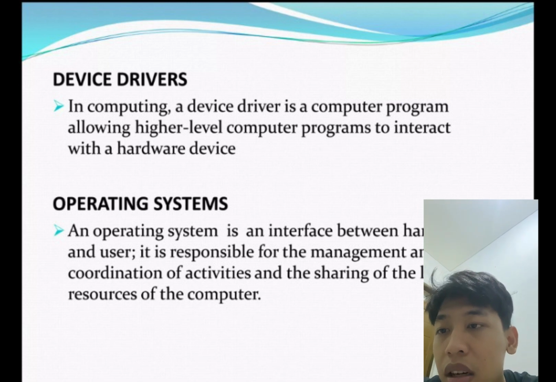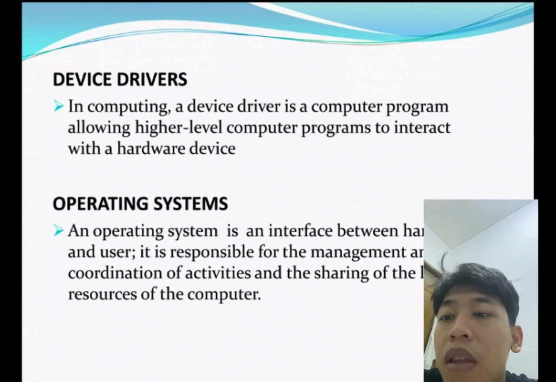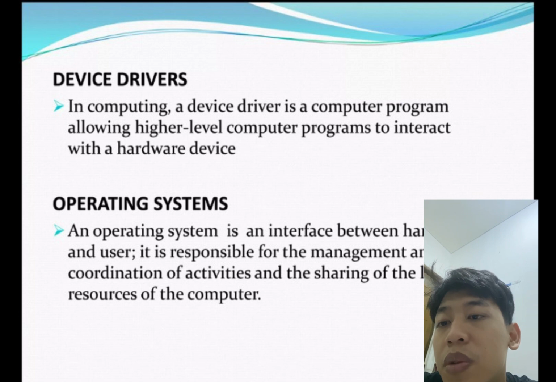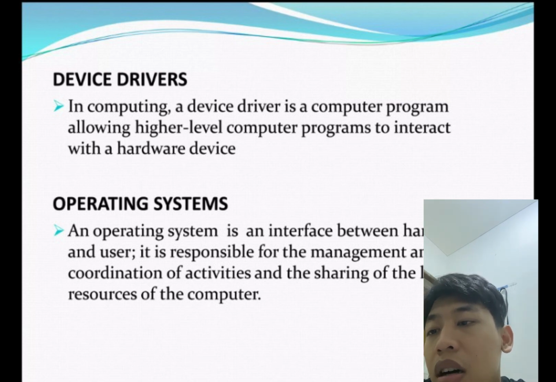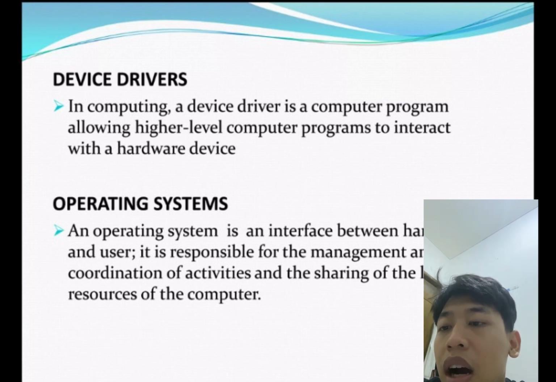In computing, a device driver is a computer program allowing higher-level computer programs to interact with a hardware device. Operating system. Operating system is an interface between hardware and user. It is responsible for the management and coordination of activities and the sharing of the limited resources of the computer.